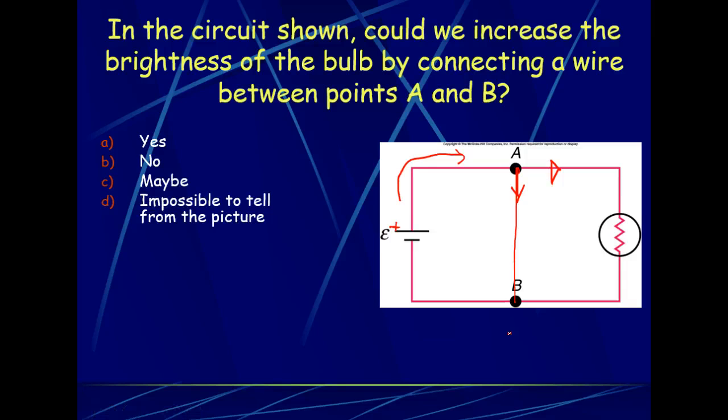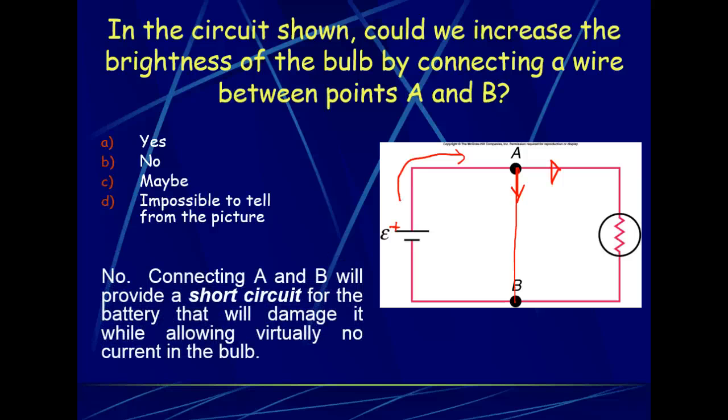Current follows the path of least resistance. As such, we connect that wire and we create a short circuit. The battery will actually get damaged and there will be virtually no current going through that light bulb. So it will actually decrease the brightness of the bulb.